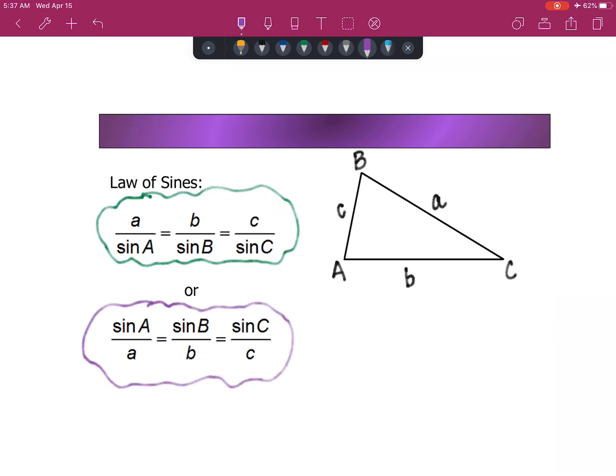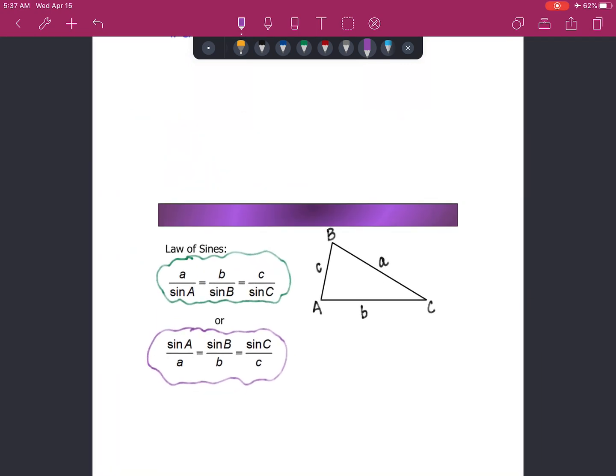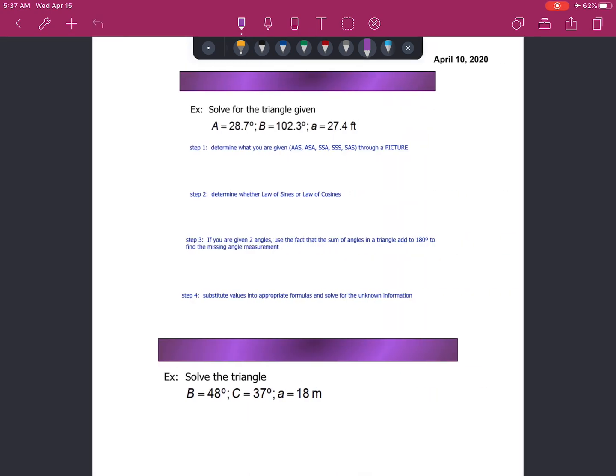If you start with the sine in the numerator over the side length, then you have to do that throughout the entire proportion. So let's get started on an example.